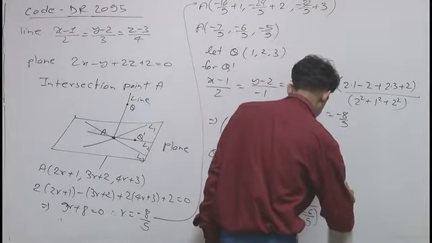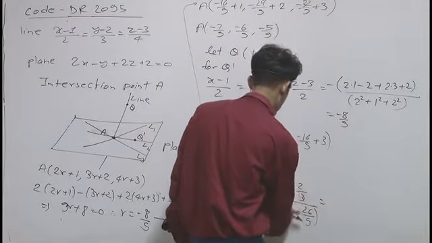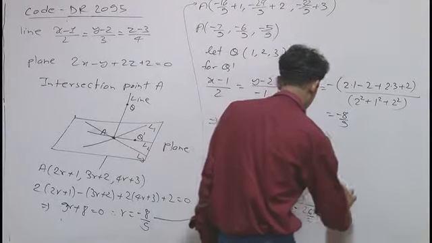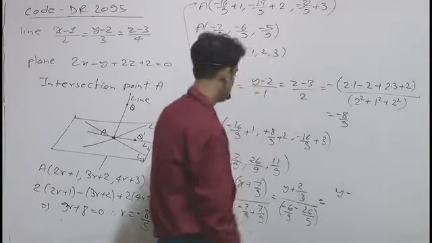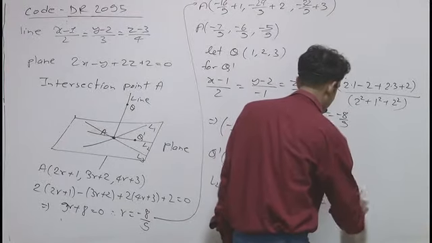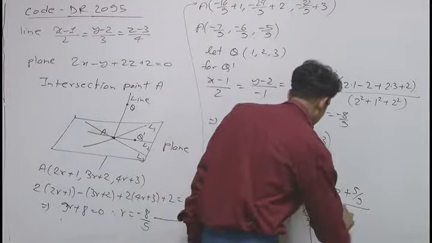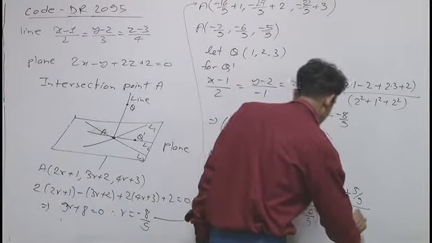And the third one is z plus 5 by 9 upon minus 5 by 9 minus 11 by 9.